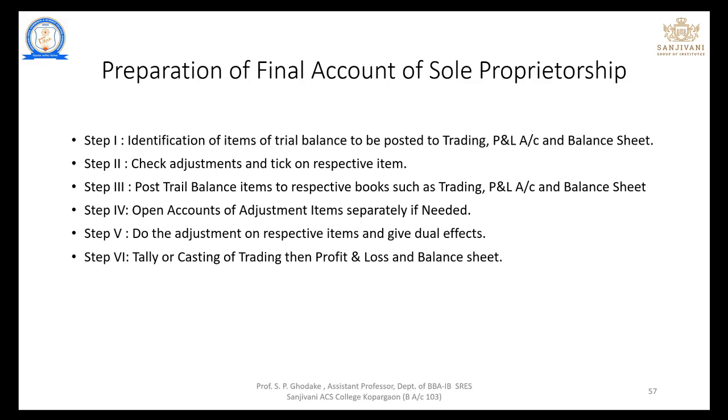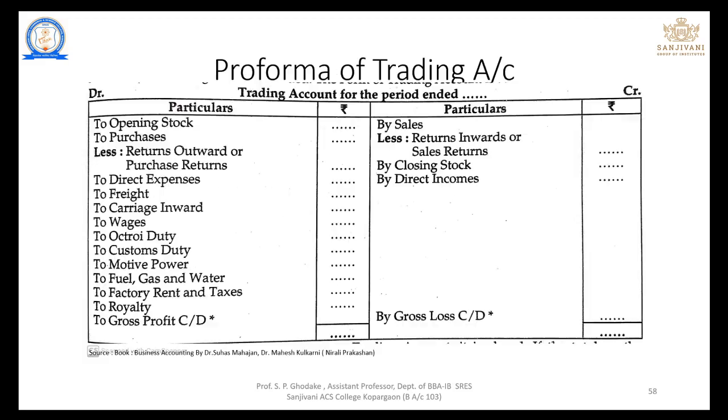Step 5, do the adjustment of the respective items and give the dual effect of those items on the accounts. Then step 6 is the tallying or casting of the trading account, then the profit and loss account, followed by the preparation of the balance sheet. These are the steps involved in the preparation of final accounts of sole proprietorships.